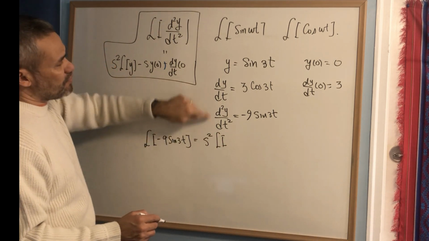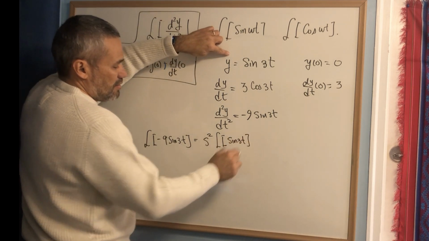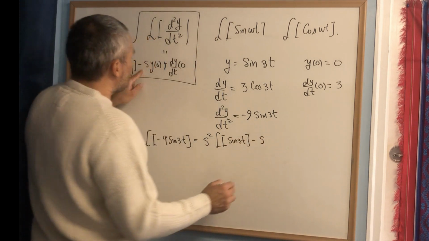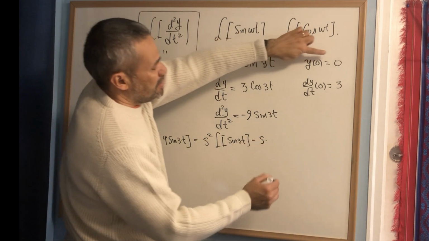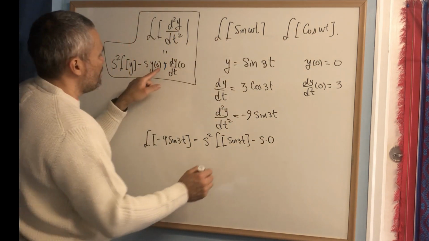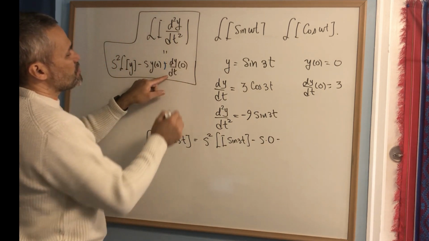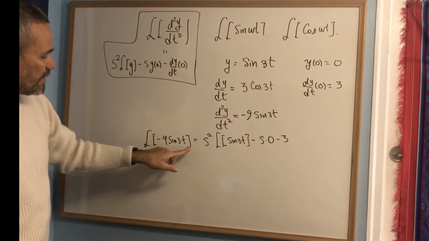But what is the original function? Sine of 3t. Right? And then minus s times y of 0. But y of 0 is 0, minus the derivative of the function at 0, which is 3.